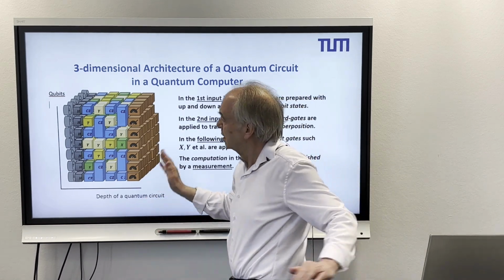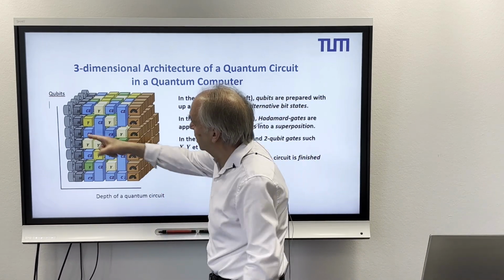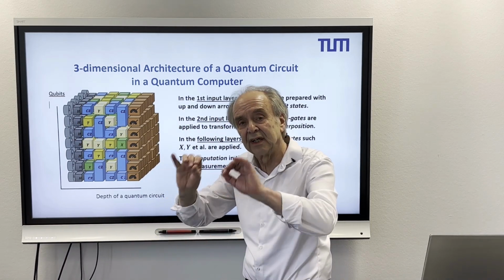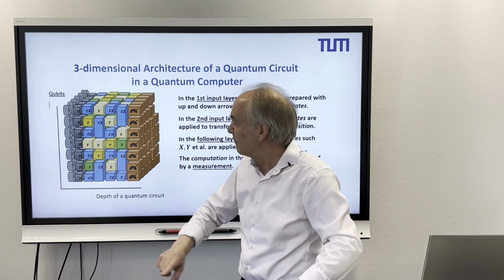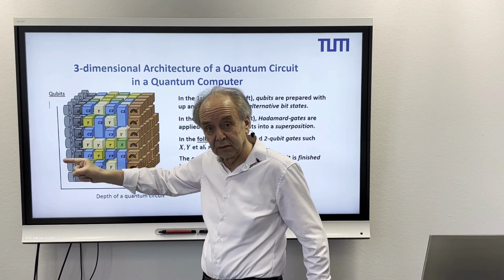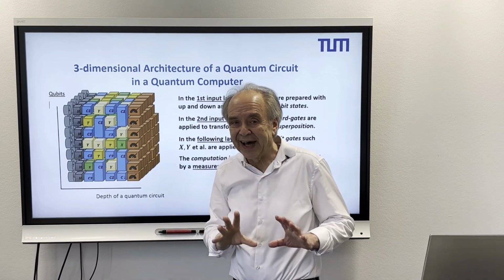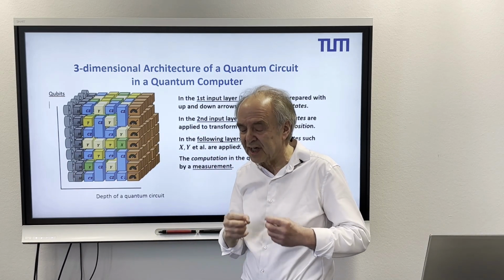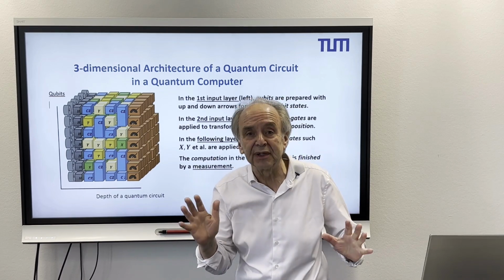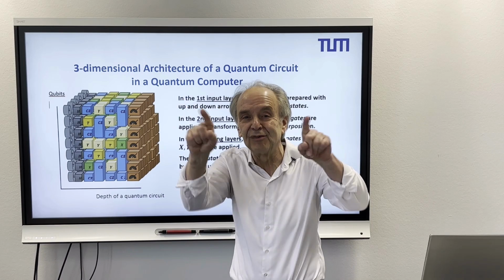Very simple. Now from left to right, you have at first the input layer, with the bits. The bits are represented here by arrows up and down. And then, of course, we like to use the advantage of a quantum computer. That's quantum parallelism. And therefore, we need superposition.